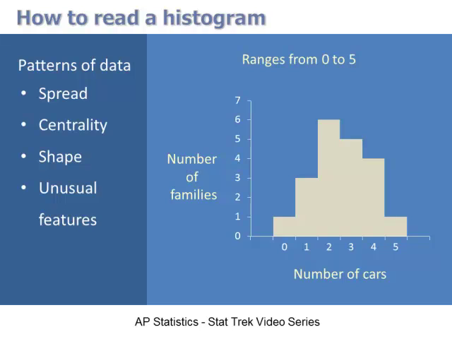In terms of centrality, the distribution is centered over 2 or 3. In terms of shape, the graph is nearly symmetric, sort of bell-shaped, with a peak at 2 cars. With respect to unusual features, there are no gaps or outliers.